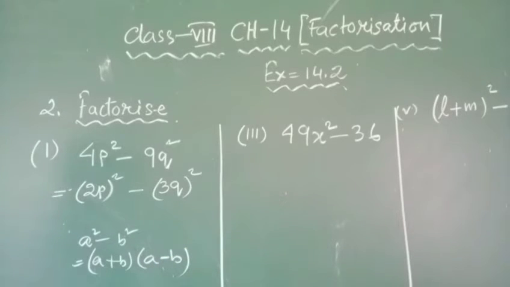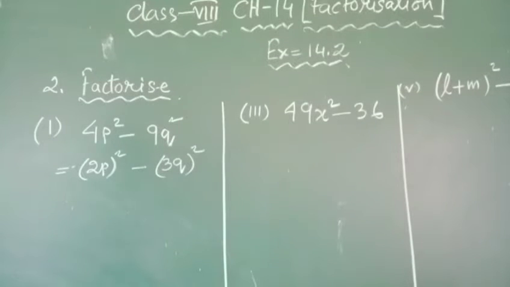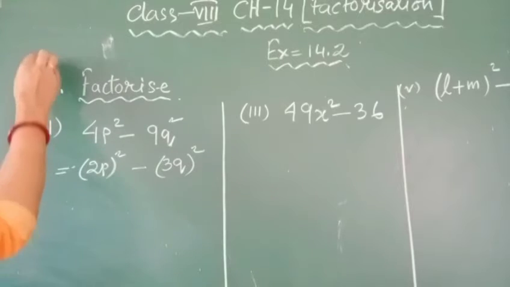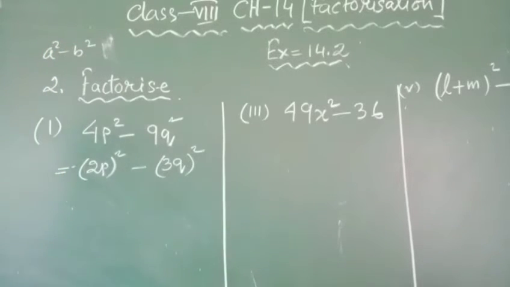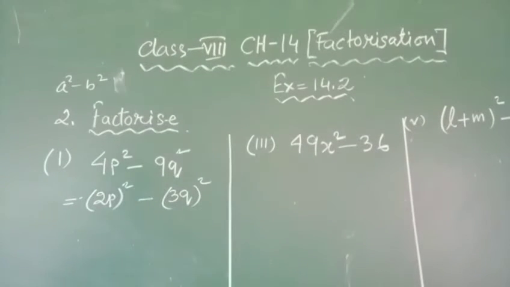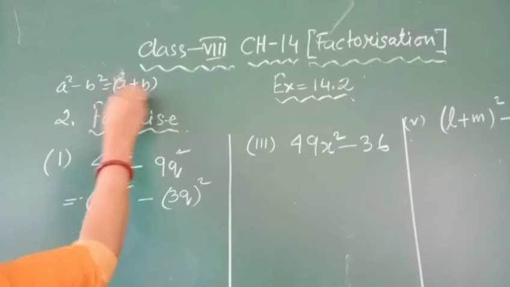Isn't it fit with this identity? Then by using that a square minus b square identity, for reminder we are writing here, equal to (a plus b) into (a minus b).